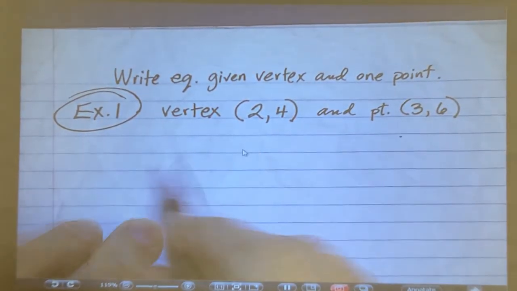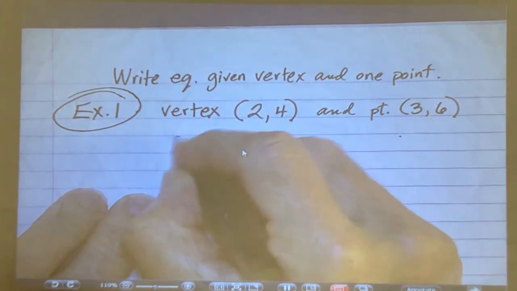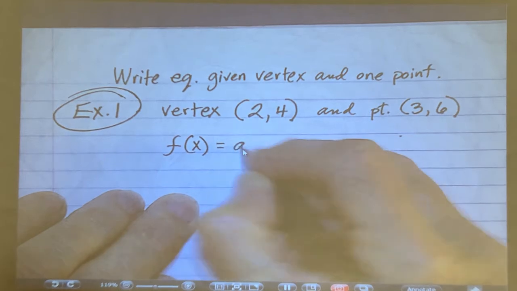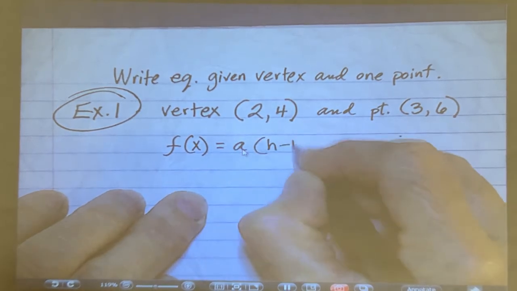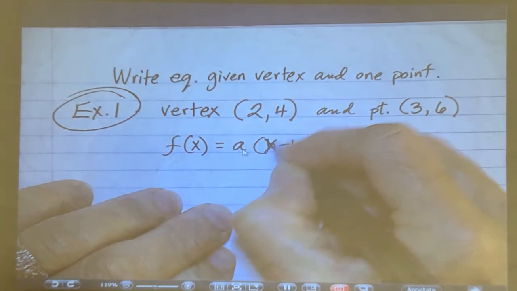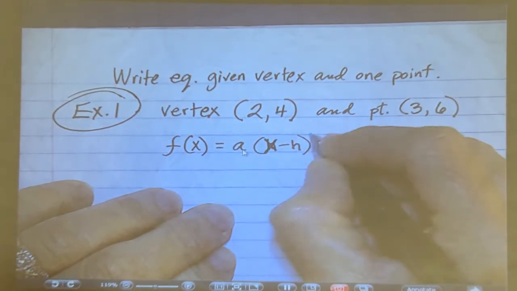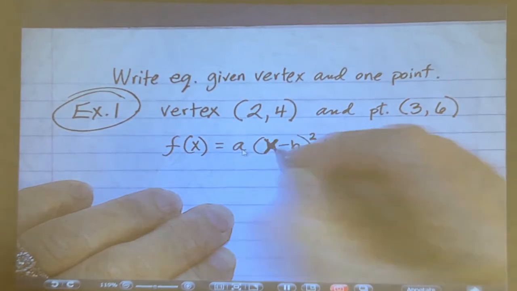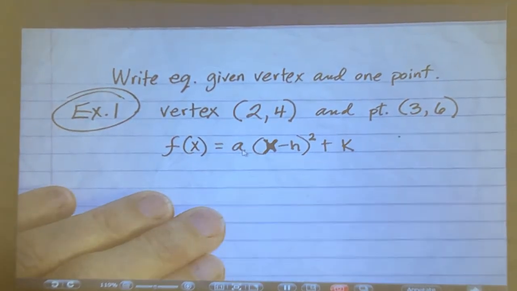So one of the clearest things to do is let's once again write that vertex formula. f of x equals a parentheses x minus h, squared, plus k. Now think about what we have up here.